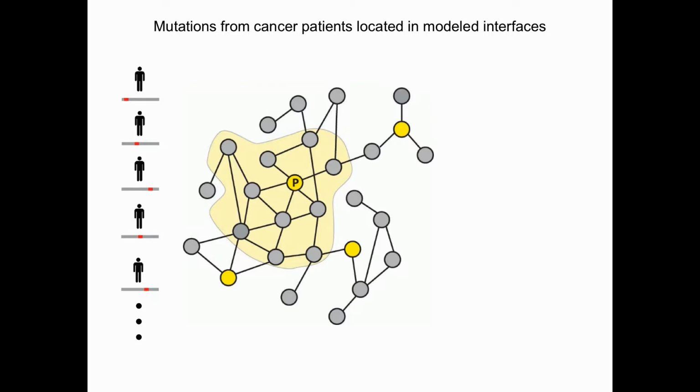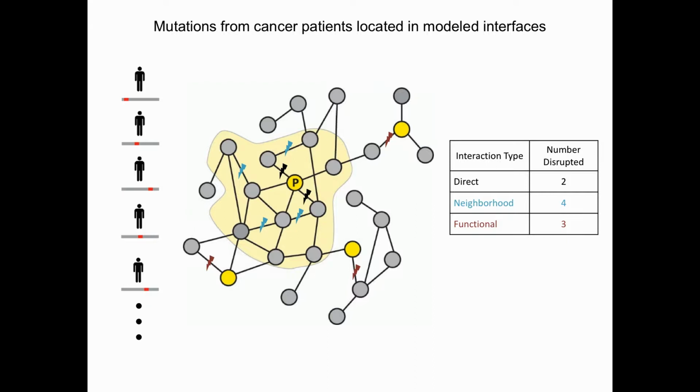And then for cancer mutations, we map on this network a number of properties. One is, does a mutation disrupt an interface formed by protein P? You see here there's 2 of those. Are there disruptions of interactions in the PrEP neighborhood, in the protein neighborhood?